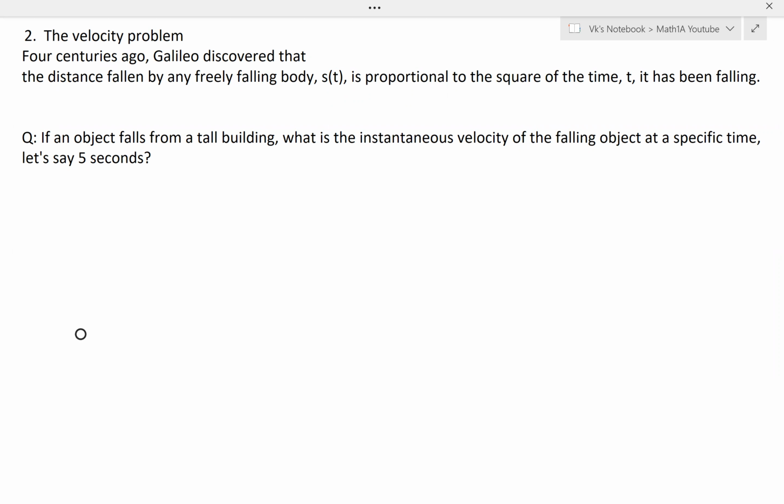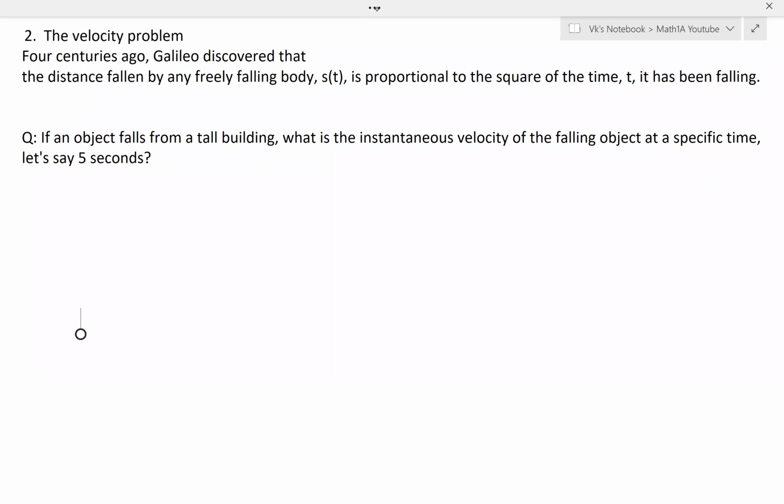Number two, the velocity problem. Four centuries ago, Galileo discovered that the distance fallen by any freely falling body, s(t), is proportional to the square of the time t it has been falling.